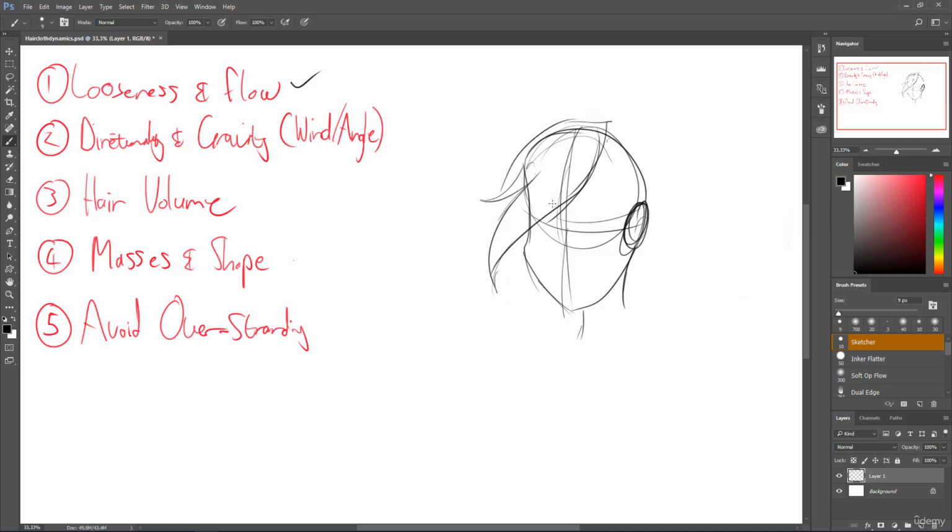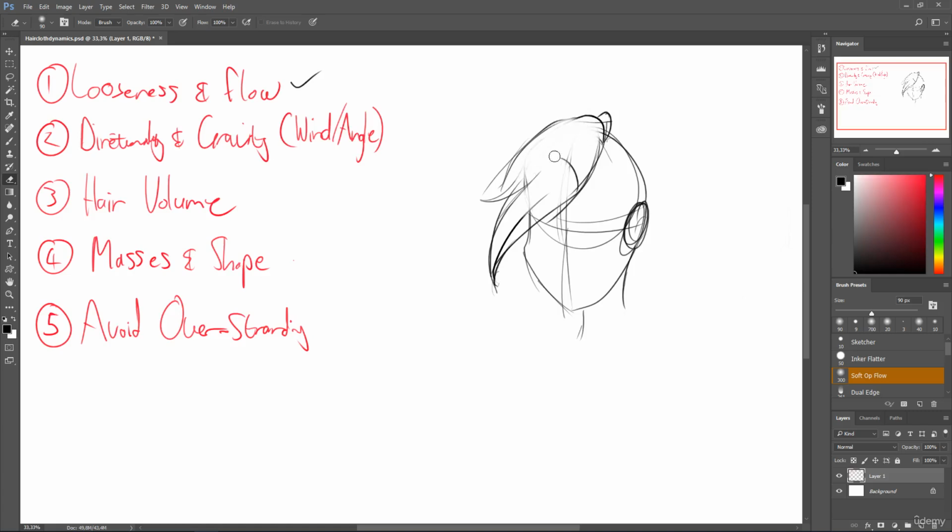Okay, let's just get that mass in. And we're going to draw in a few strands. 1, 2, some overlaps there, some lines here just to show the gravity and the directionality of the hair, some overlaps. And we want to try, when we're in our cleanup, to leave the bulk of the interior of the hair fairly empty, right?